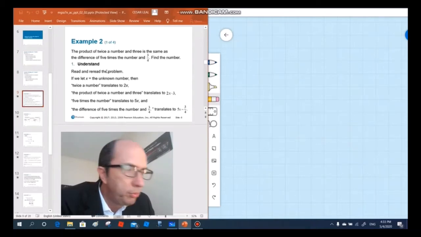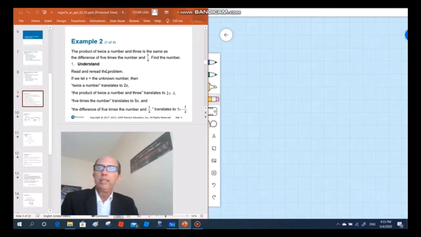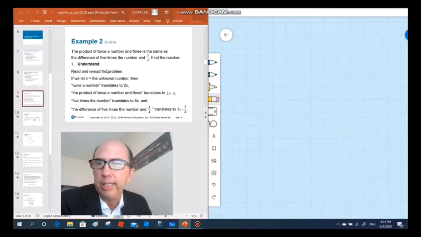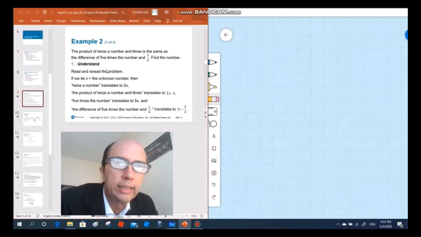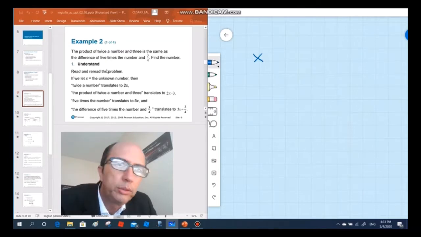Let's see this example to understand. The product of twice a number and 3 is the same as the difference of 5 times the number and 3/4. Find the number. So first you need to understand, read and reread. If we let x equal the unknown number, x is going to be our variable. And twice a number, what's twice a number?